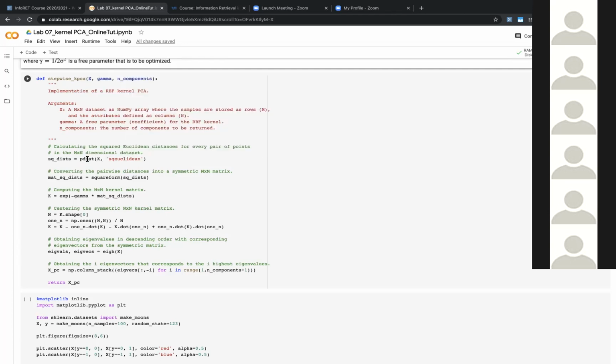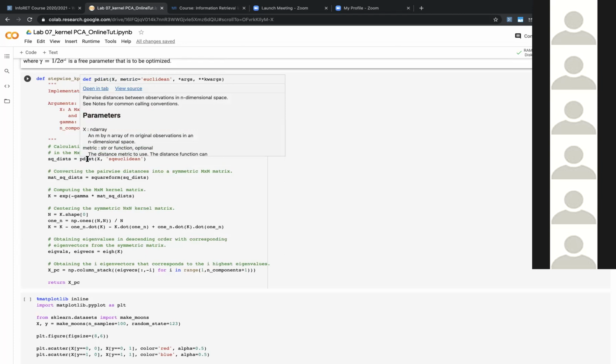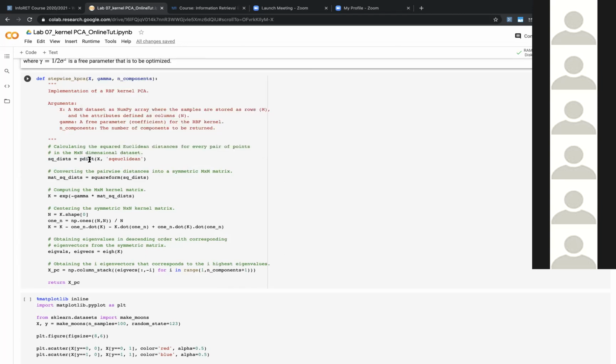If you want to go into the implementation details and what this function expects, you can simply use scipy help, and you can see that it takes in an x ndarray, which is an m cross n array of m original observations in an n dimensional space.